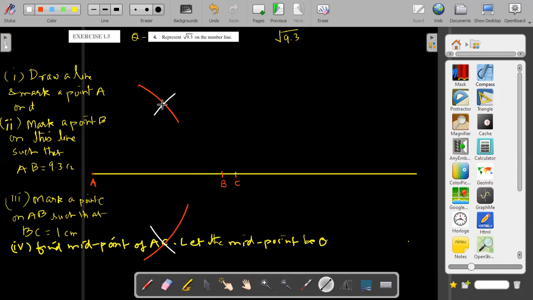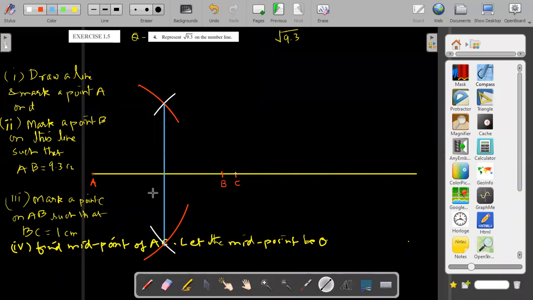Join this point exactly to this point. Like this, you will join this point to this point.